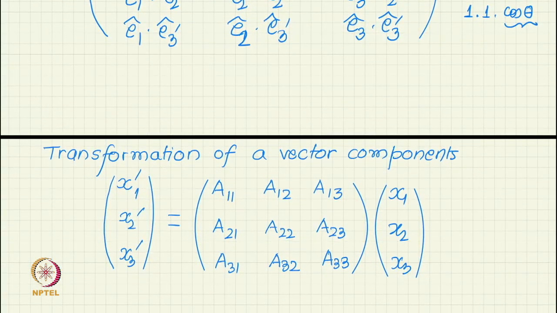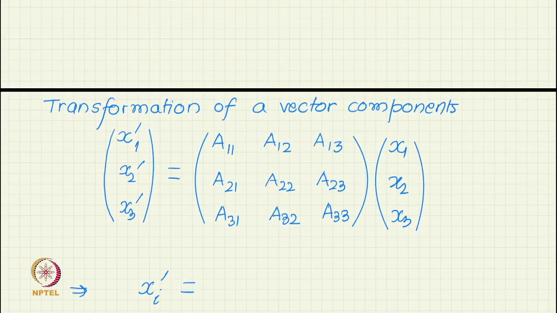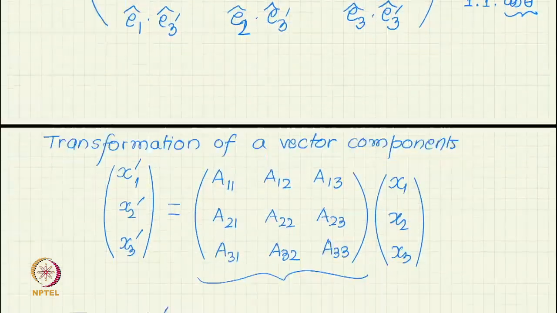So, finally, to transform the components of a vector, we need this matrix of direction cosines, and we have seen how to construct them. You can think of them as either dot products or as cosines.